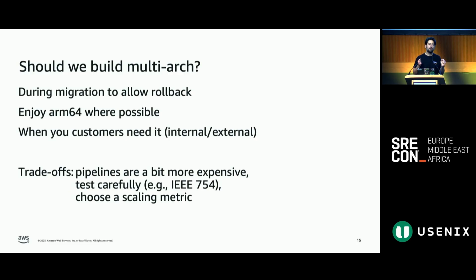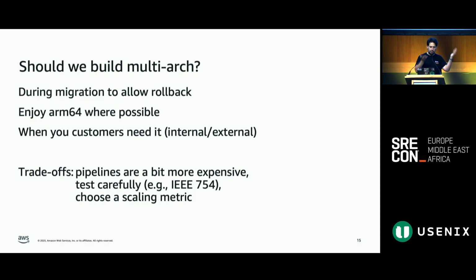Some folks are running in multiple different places, so maybe in some cloud environment they want to run on ARM64, but on-premise or somewhere else they also need an x86 version. And some folks are building software for customers, either internal or external, and their customers are running in different places, so they need to support them. These are the reasons to build multi-arch.